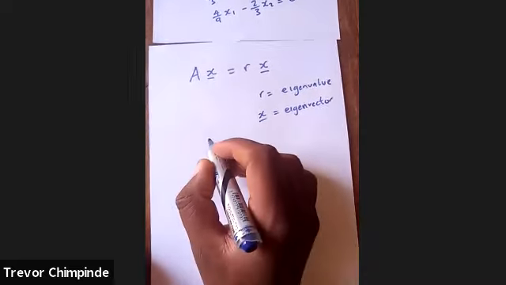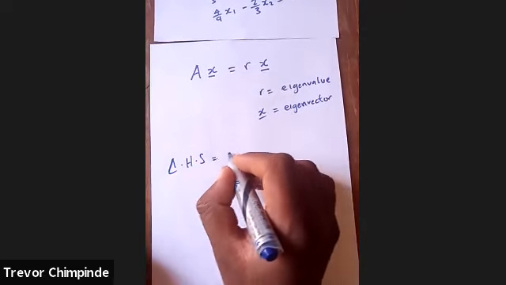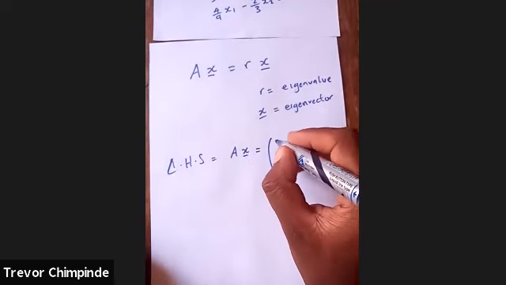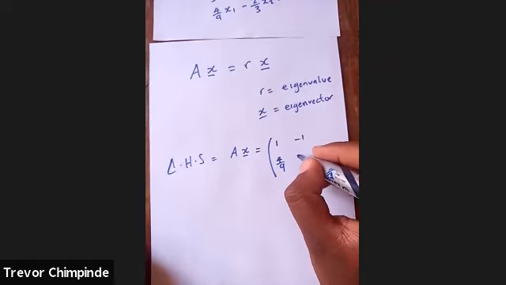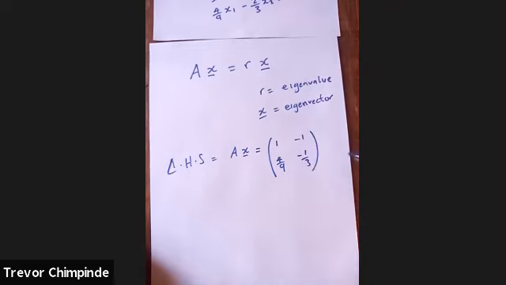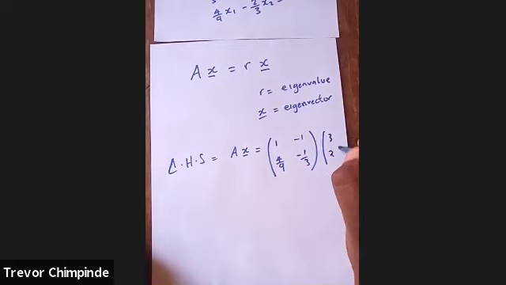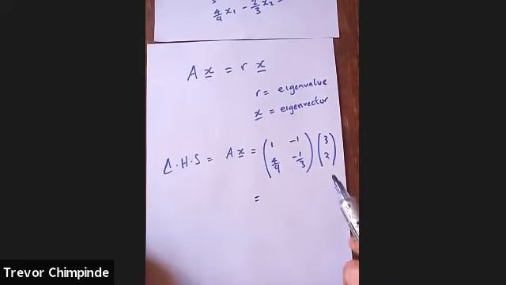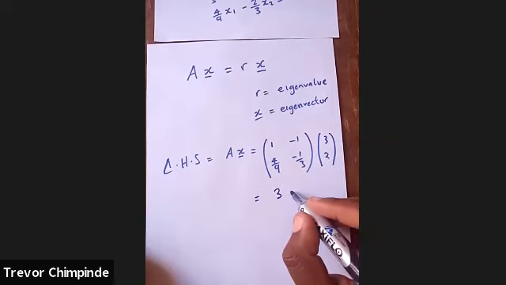So in this case, how do we check? The left-hand side is Ax. So what is our A? Our A is 1, 4/9, minus 1, minus 1/3. And what is our eigenvector? We settled for 3, 2. This was our choice. So if you multiply this, what do you get? It's 1 times 3, which is 3, and 1 times minus 2, which is minus 2.